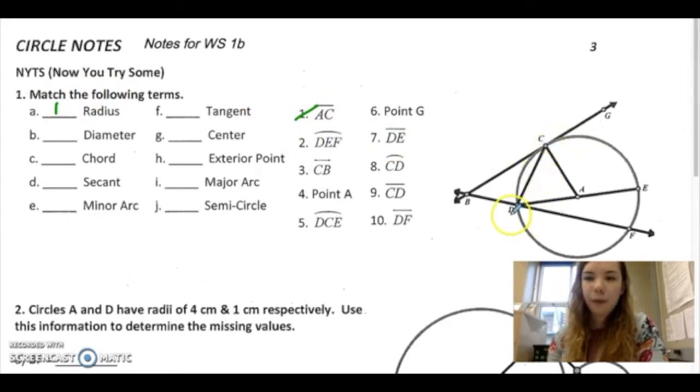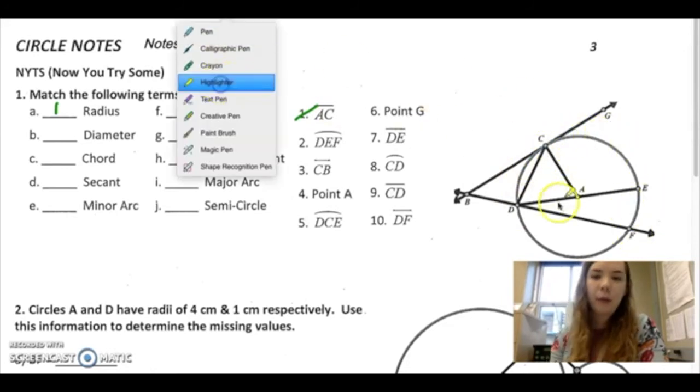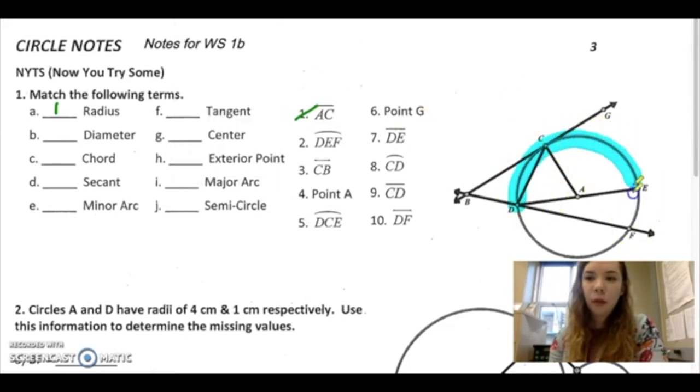DEF is an arc, and it has to go in that order. So DEF, let me highlight what I'm talking about here for you, would be this arc, which is a major arc. Okay, we're going to focus more on arcs next week, but major arcs are labeled with 3 letters.